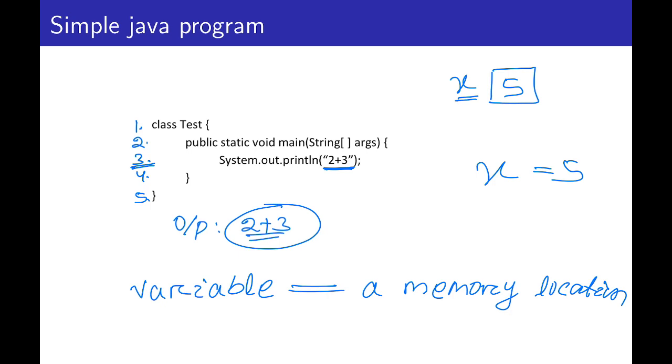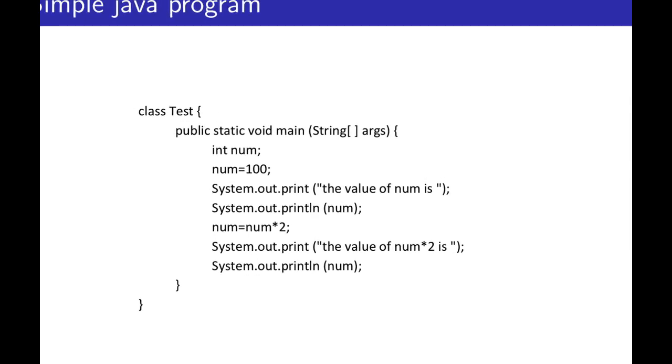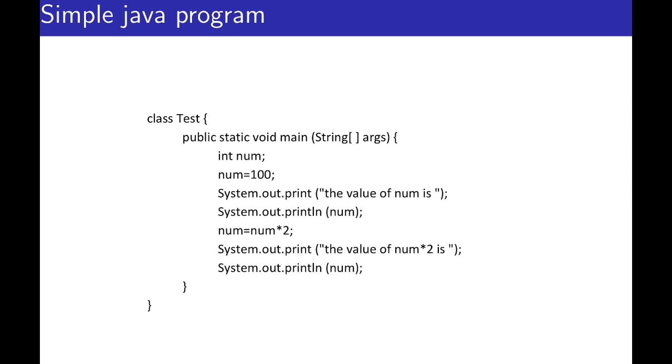Now we are going to discuss another program that shows how a variable is declared and how it is assigned a value. So now move to another program, this one.